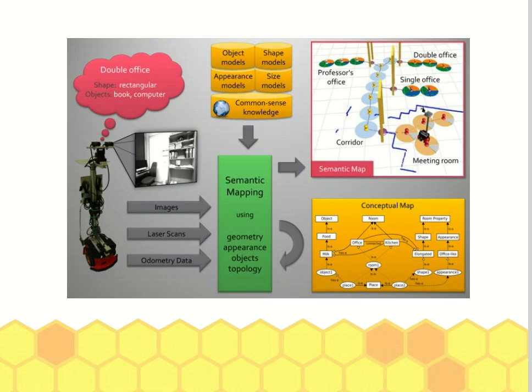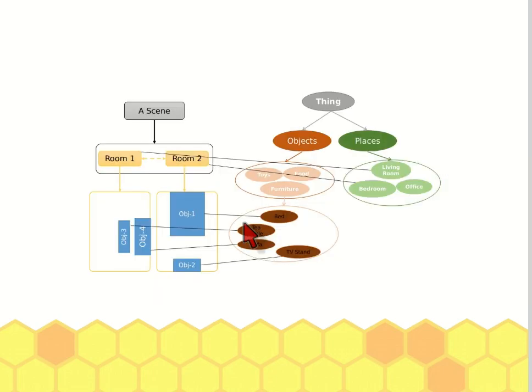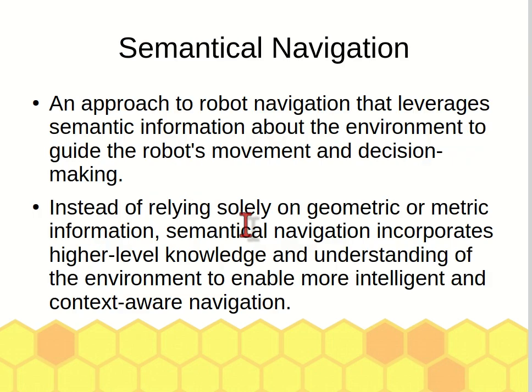So another example is like this. You have the conceptual map to represent the layout of the environment. Okay, this is how to represent using semantical navigation. Okay.